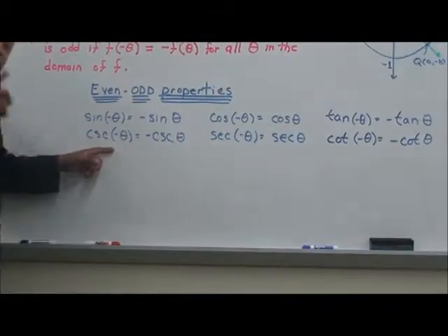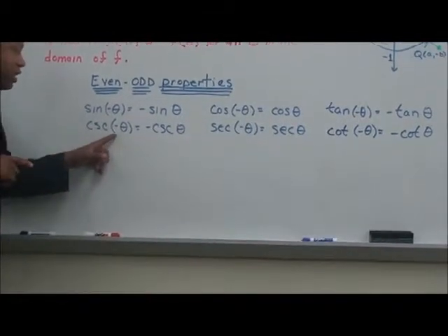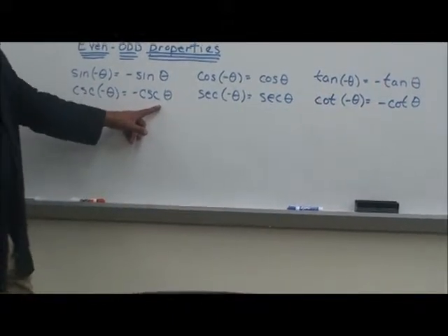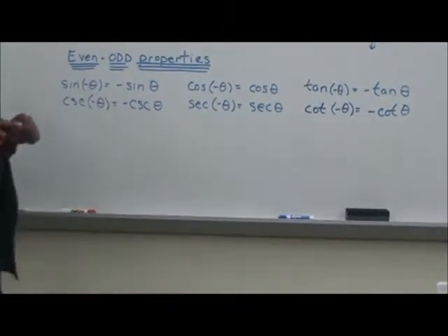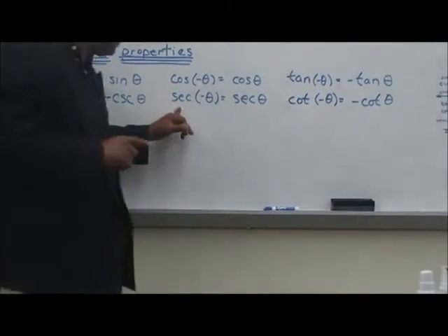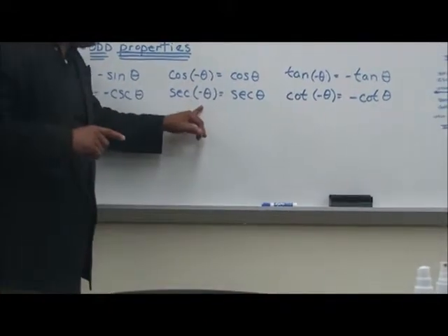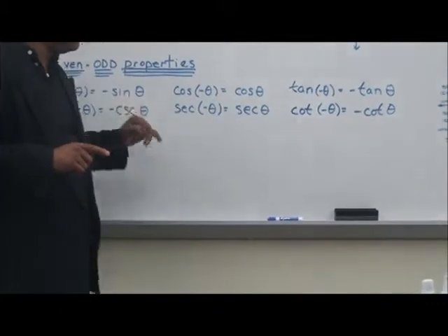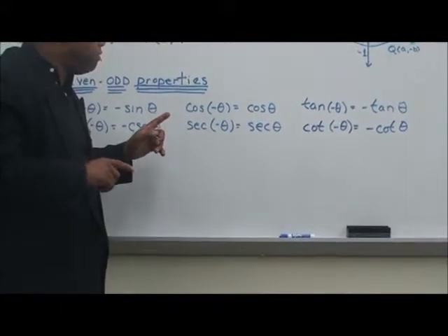Let me continue on real quick. You got cosecant negative theta is equal to negative cosecant theta, which is also an odd property, according to a little theorem here. And the secant negative theta is equal to secant theta, which is also an even function.